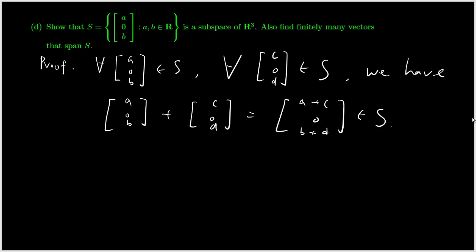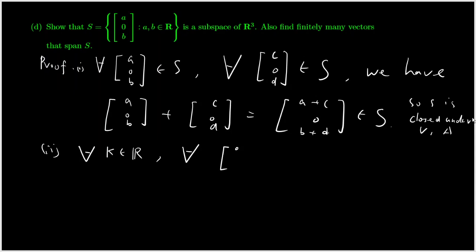After that, you say S is closed under vector addition, right? The second condition, the same as before, we choose an arbitrary scalar, I mean. And choose an arbitrary vector in S. So now let's say A0B.